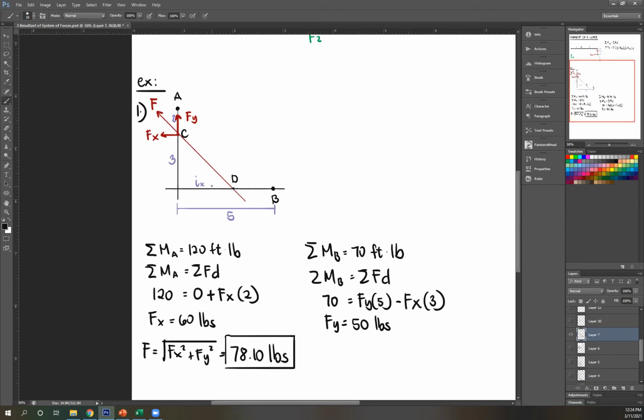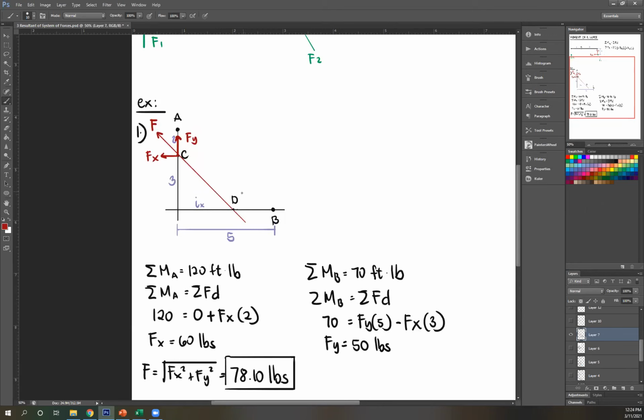Meaning, to solve for that, I need an equation involving Ix. To do that, one technique that we can do is to reposition my components.